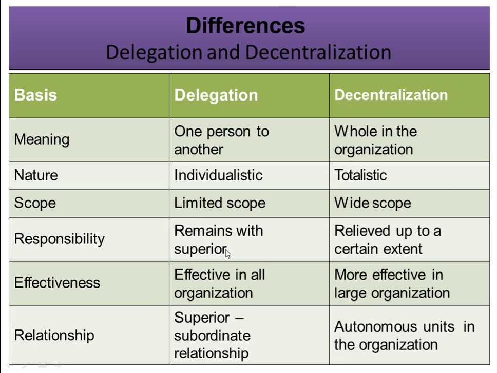Responsibility remains with the superior in delegation, while in decentralization it is relieved to a certain extent. Full responsibility we can't delegate, but up to some extent they are responsible for getting the work done. Delegation is effective in all types of organizations, while decentralization is more effective in large-scale organizations. The relationship is superior-subordinate in delegation, and autonomous units in the organization in decentralization.